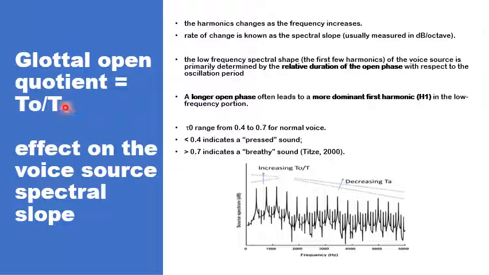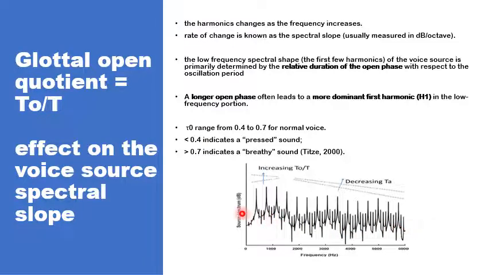If this ratio lies between 0.4 and 0.7, as in normal voices, it is normal. If it is less than 0.4, it usually indicates a pressed voice, and if it is more than 0.7, it's associated with a breathy and weak voice. This voice source spectral slope graph comes from the fact that the harmonics produced by the voice source change as the frequency increases.